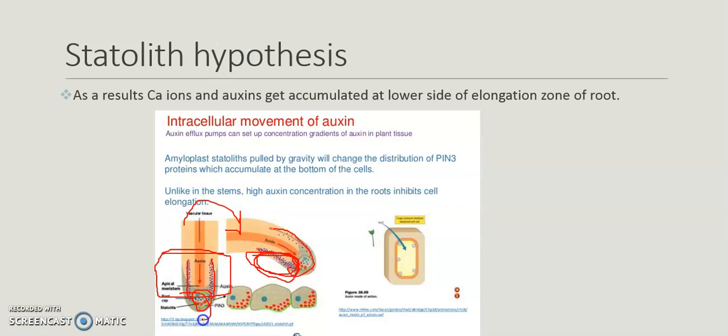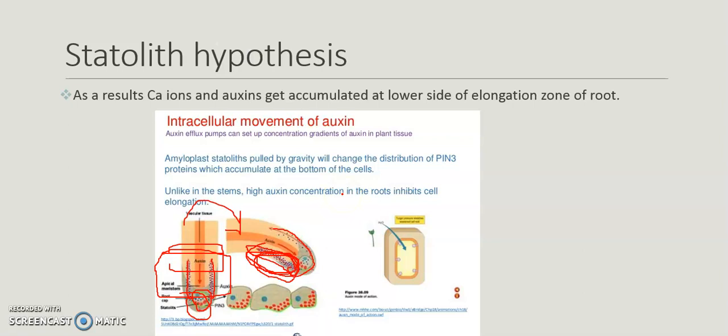There is a cell division area here and a cell elongation area here. So when they are accumulated in the cell elongation area, there will be no more divisions to make the plant grow.